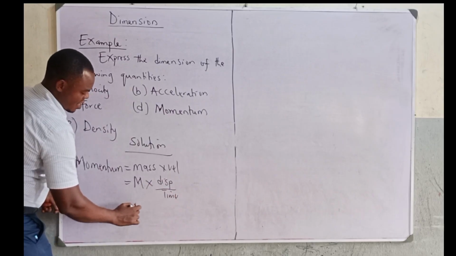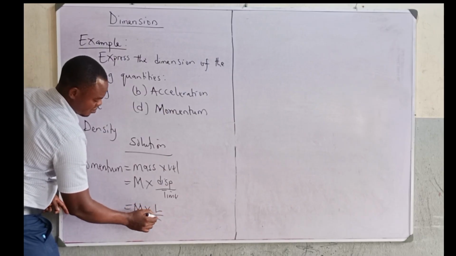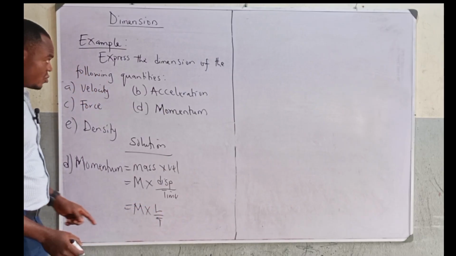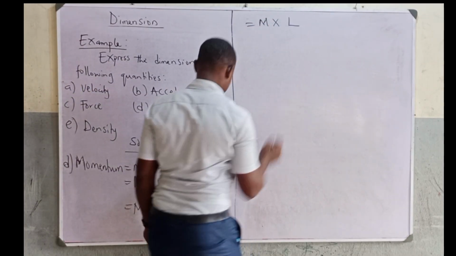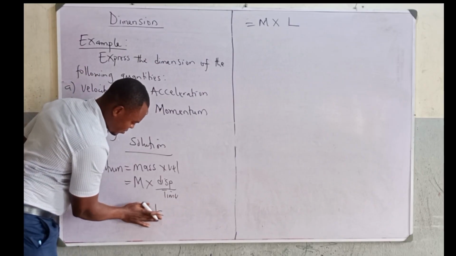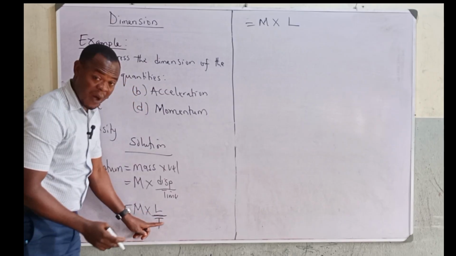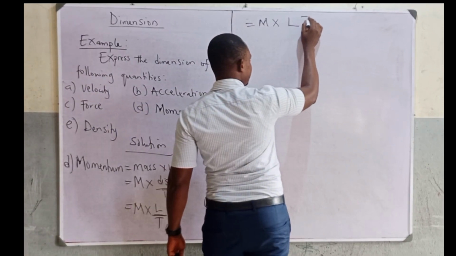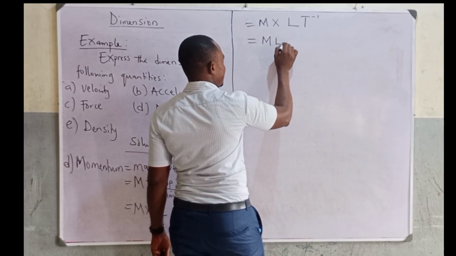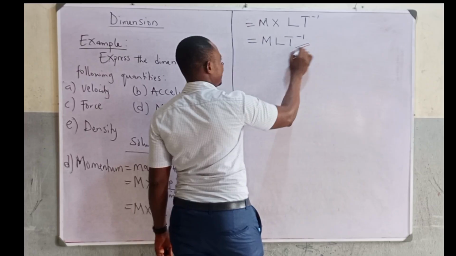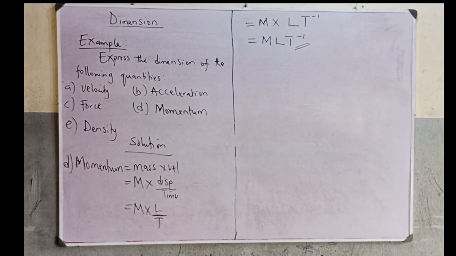So this is mass times displacement L over T. So we now have M times L. T will come up because the power is 1. So it's T raised to the minus 1. So we remove the multiplication sign. M, L, T raised to the minus 1. This is the dimension of momentum.